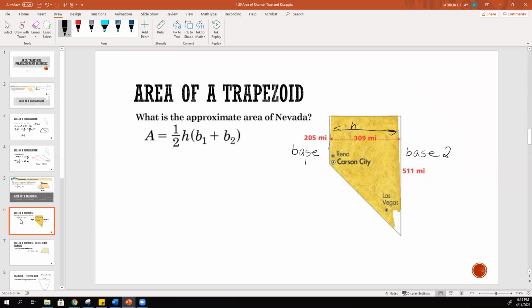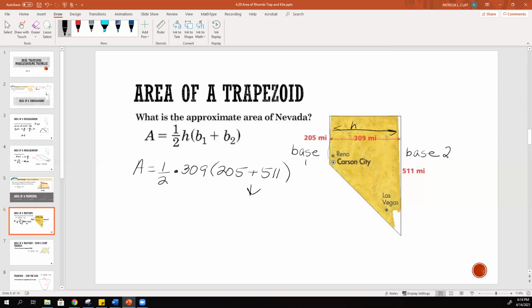So let's plug it into our equation. Area is equal to 1/2 the height, which is 309, times the bases, which are 205 plus 511. Remember our order of operations. We need to add the two inside first, so let's do that in one step so that we know it.